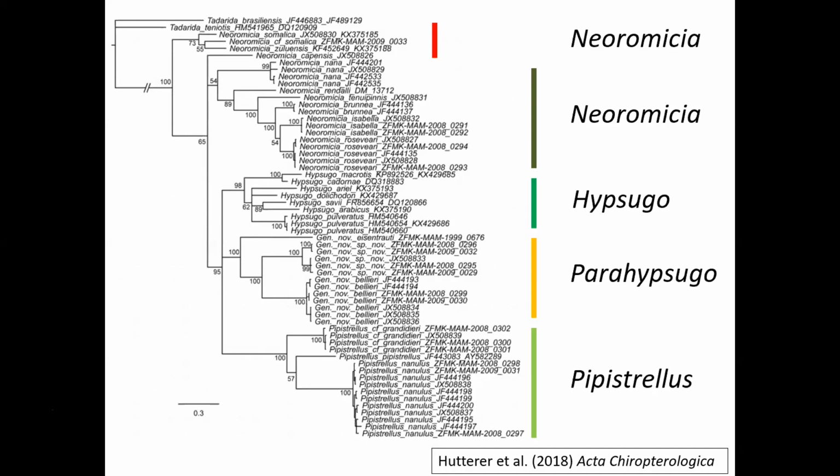And you can see from this tree that Parahypsugo is equally related to Hypsugo as it is to Pipistrellus, which was the basis for us recognizing it as a distinct genus.